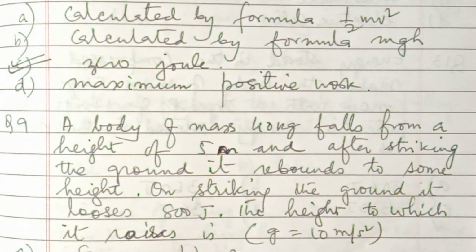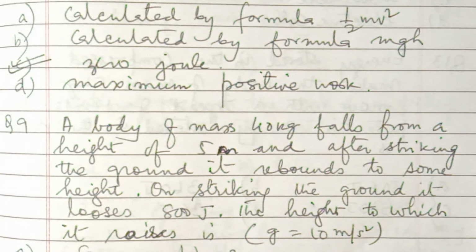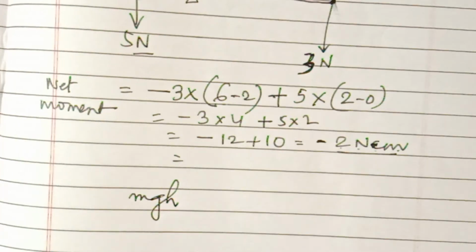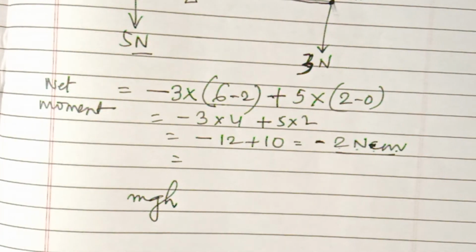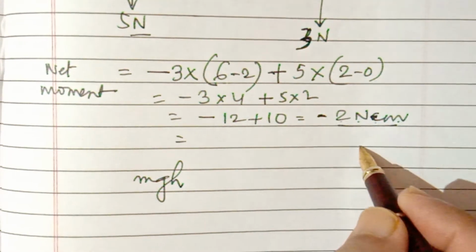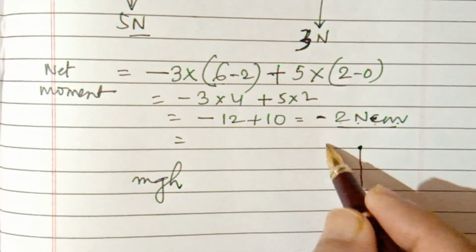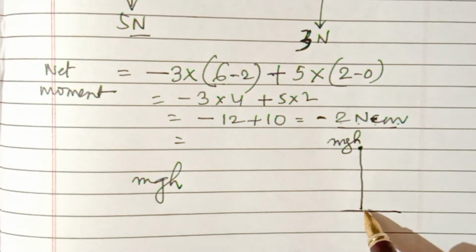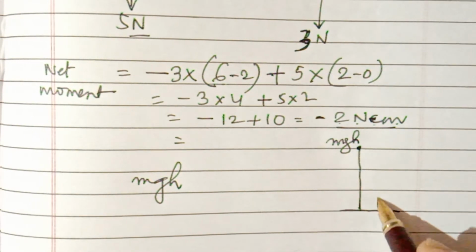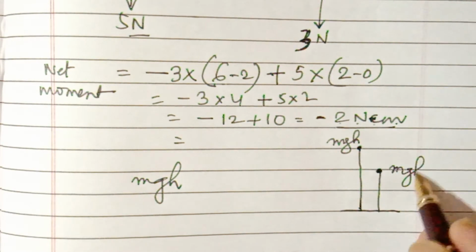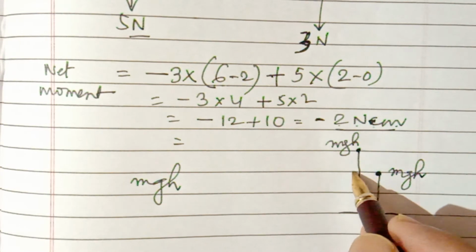When it is at the height of 5 meter initially, then what is the energy? mgh. Suppose it is dropped from here, then here mgh, and it will go up to, suppose, this height, then here also mgh, but there is a loss.